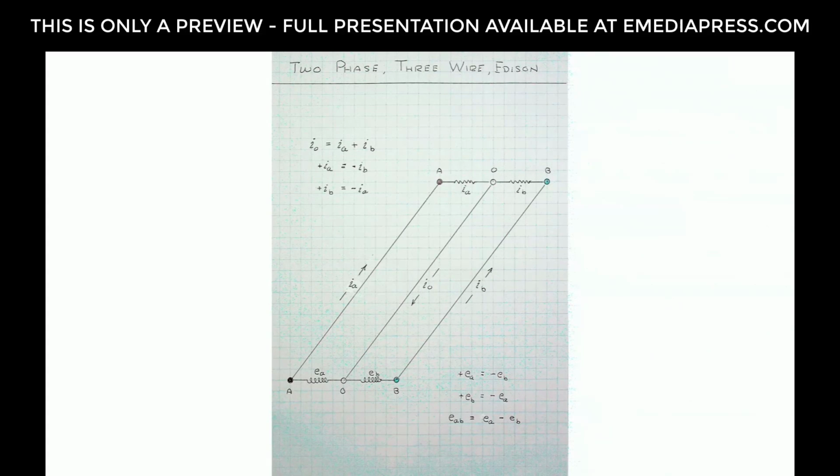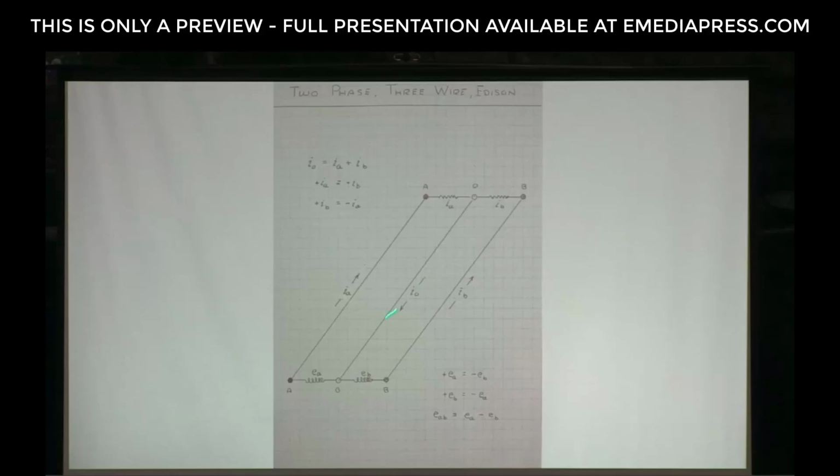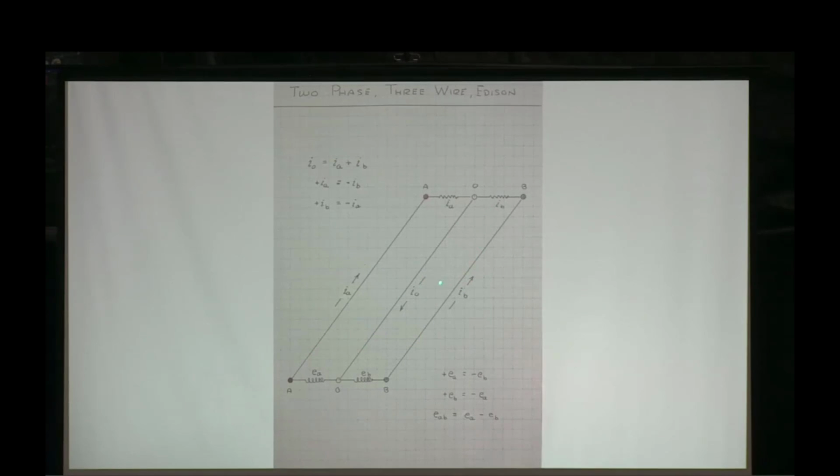So this is our neutral. This is the black wire, this is the white wire, and this is the red wire. This is what comes into your house. You've got hot, neutral. It's 120, 120, and then around the outside is 240. So we want to connect this to four-phase because that's the particular advantage of the Tesla four-phase system: this becomes a natural leg of it without a lot of power factor and phase goofiness.